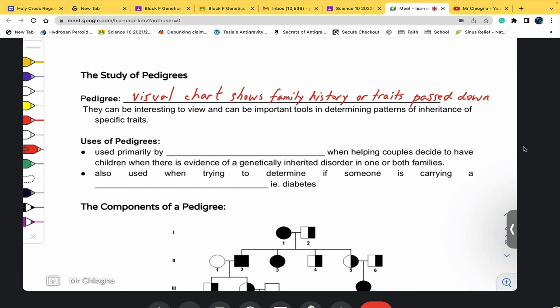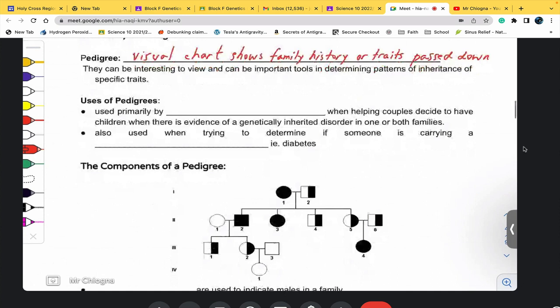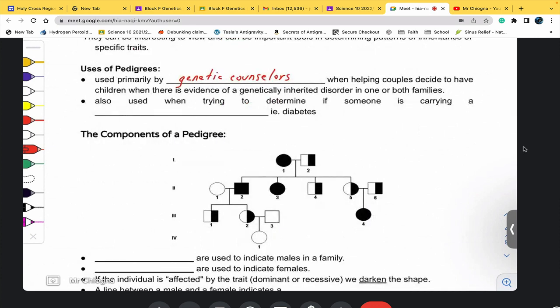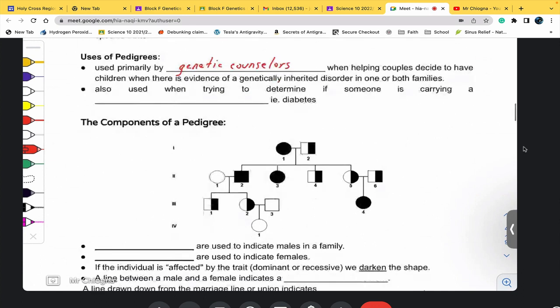They can be interesting to view and can be important tools in determining the pattern of inheritance of specific traits. Okay, uses of pedigrees. They're used primarily by genetic counselors when couples decide to have children when there's evidence of a genetically inherited disorder in one or both families. Pedigrees are also used when trying to determine if someone is carrying a hereditary disease.